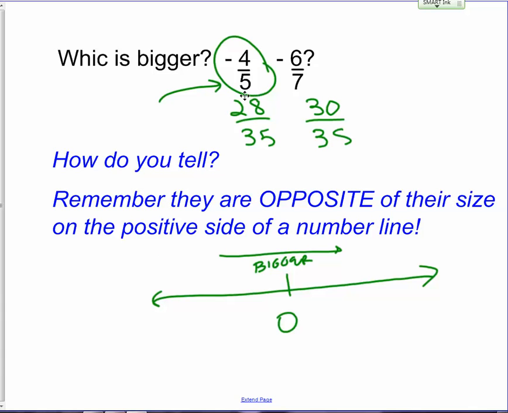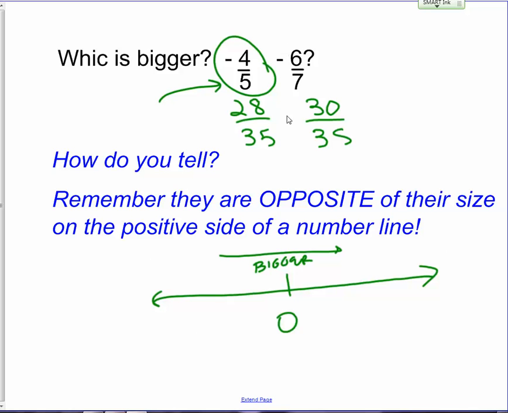And then we talked about, whoa, what about when they're negative fractions? So remember, they're always the opposite of their positive side of a number line. And some of you have an easier time by first of all finding which is bigger if they were positive, but because they're negative, the bigger one is actually the smaller one. Because as we get closer to 0 on the number line, the fractions get bigger.